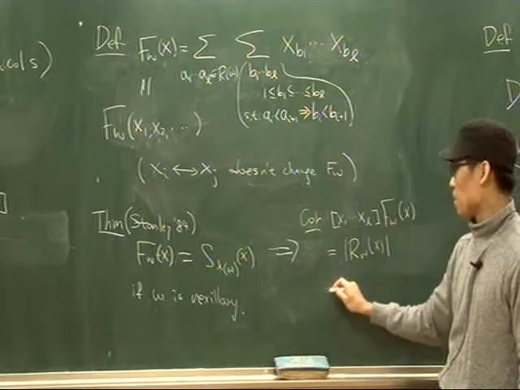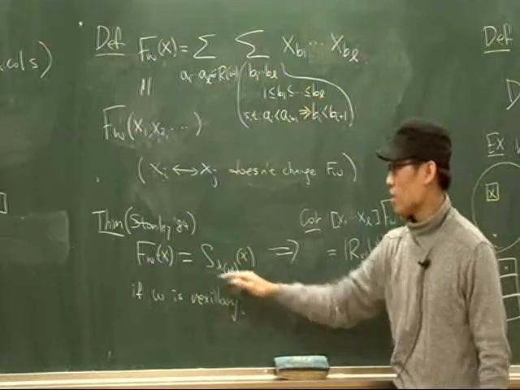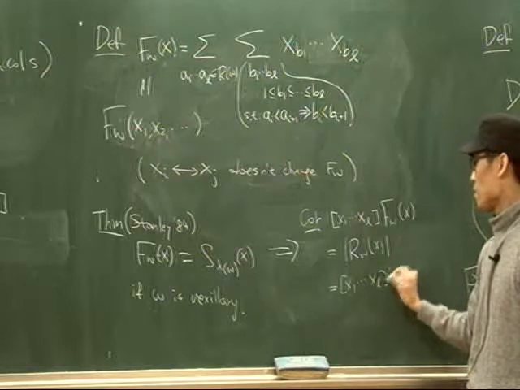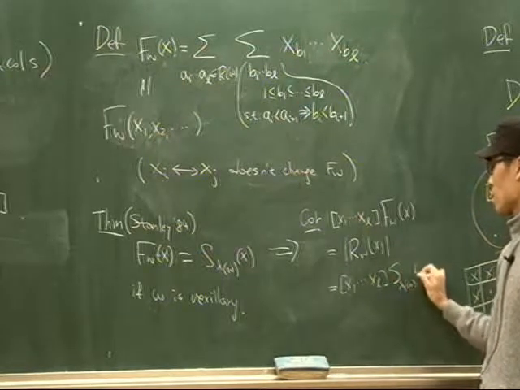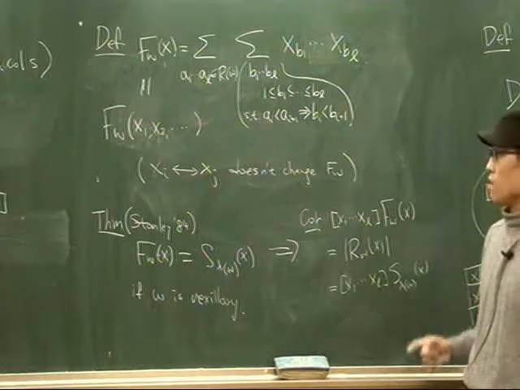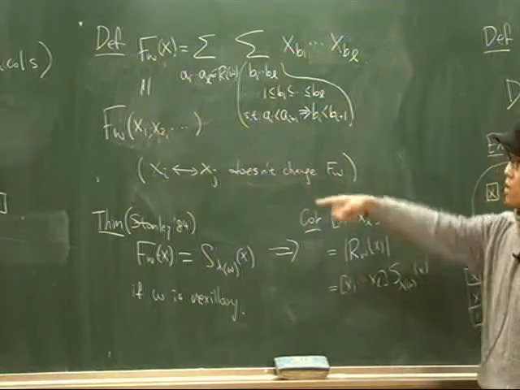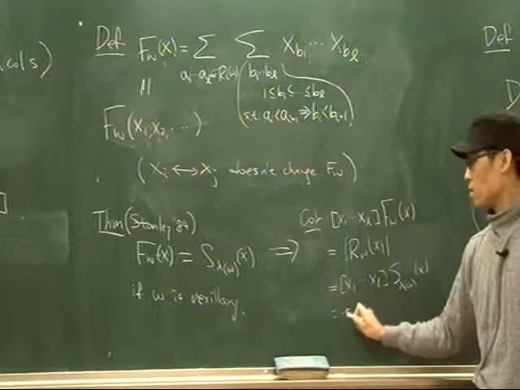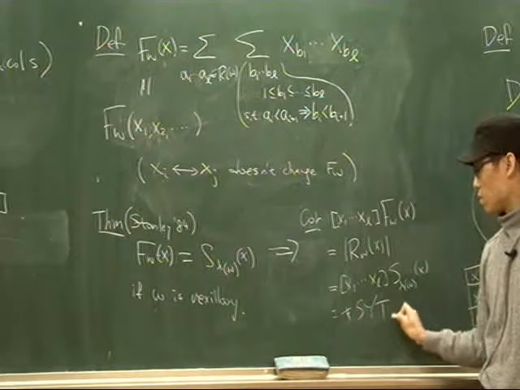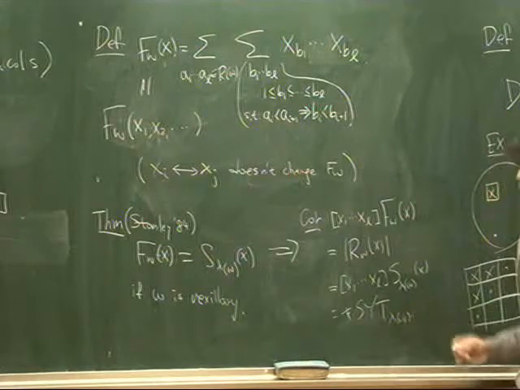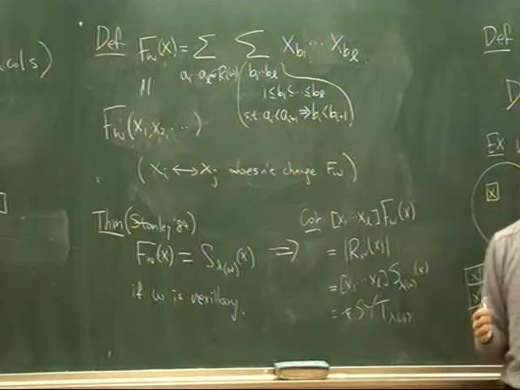On the other hand, we know that the coefficient of this monomial in the Schur function is the number of standard Young tableaux. So this proves that.